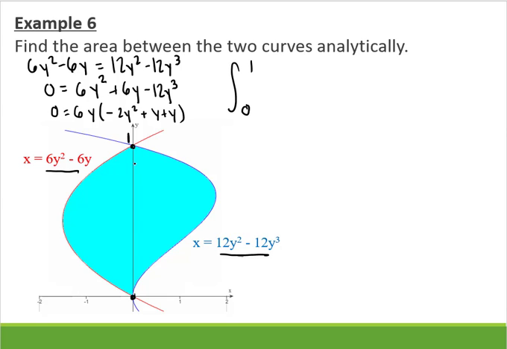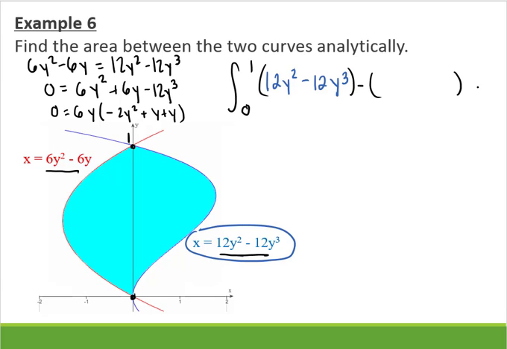So 12y squared minus 12y cubed minus 6y squared minus 6y, okay? And notice how 0 and 1 are all in terms of y. The functions are all in terms of y. That's why I have a dy. When I do that in my calculator, I get the value of 2.